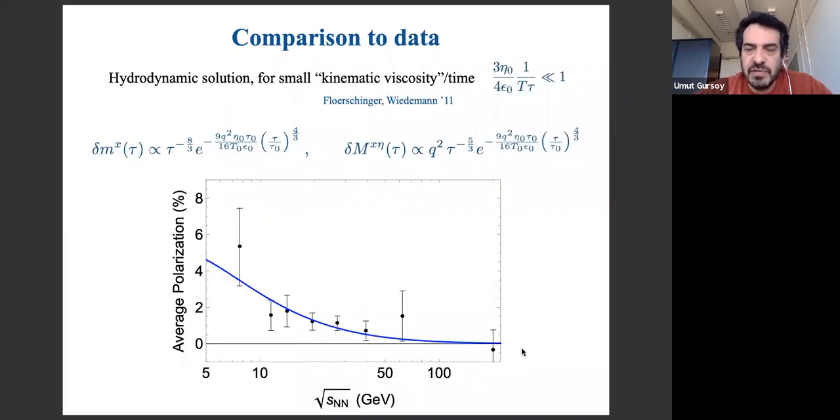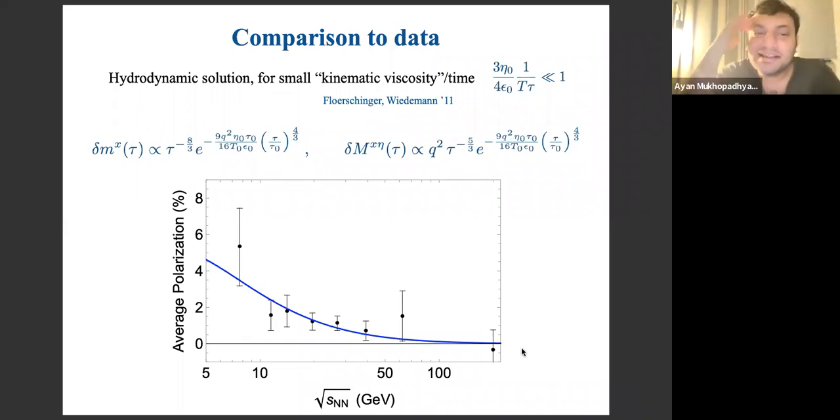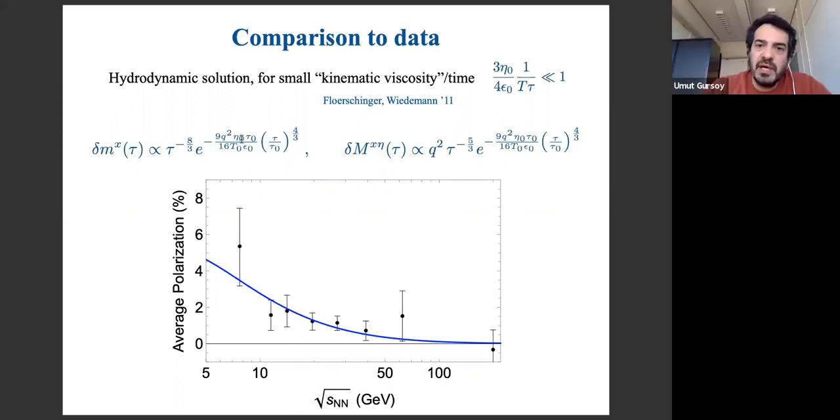Let me see if there are any questions about this application. Yeah, just one thing I get puzzled by. Typically, if you look into chemical potentials, you would expect they will simply have power law like decay. But here, on top of the power law, you have some exponential piece. Yeah, that comes from this shear term.